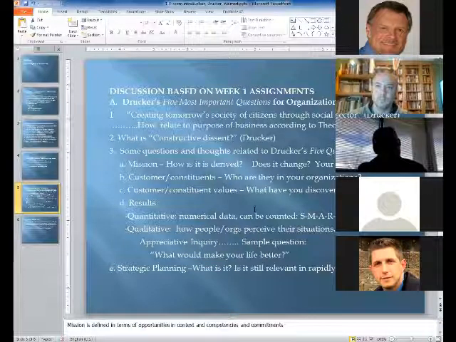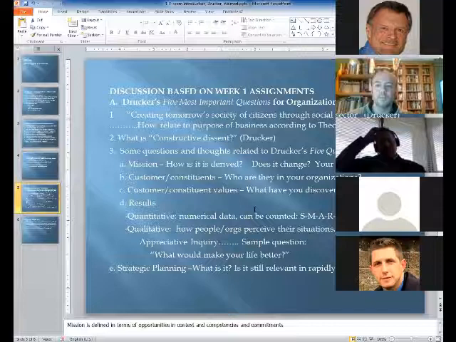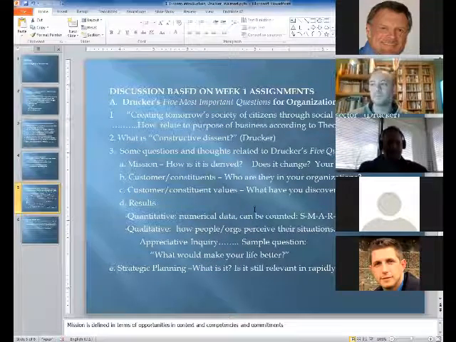One of Drucker's big values is becoming aware of customer values, stakeholder values, constituent values. That was the main issue that I'd thought about with this Walmart article. Walmart was trying to become aware of those stakeholder values if they're going to do business and function in that environment.